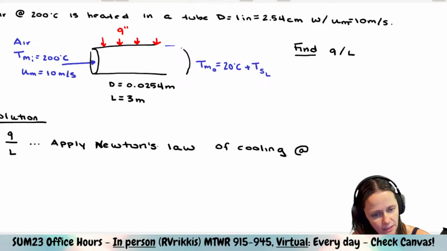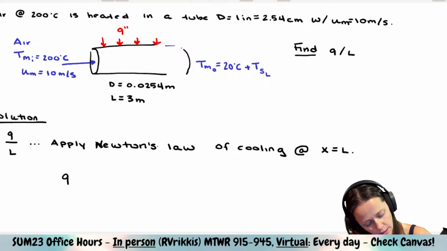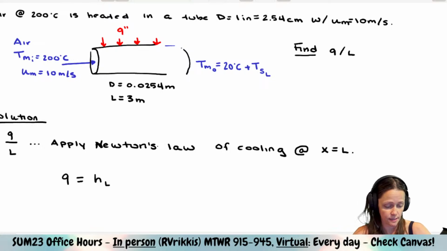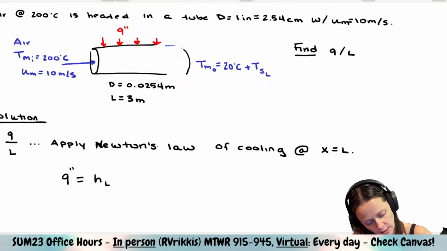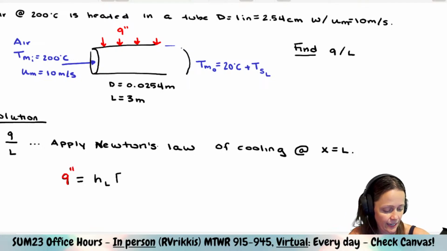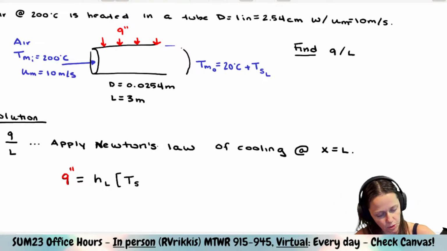Let's apply it at X equals L. So I have Q is equal to H at X equals L times, and it's going to be a surface heat flux actually, surface heat flux, times the surface temperature at X equals L minus the mean temperature at the outlet.